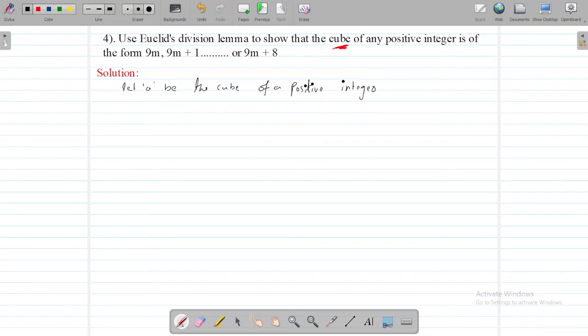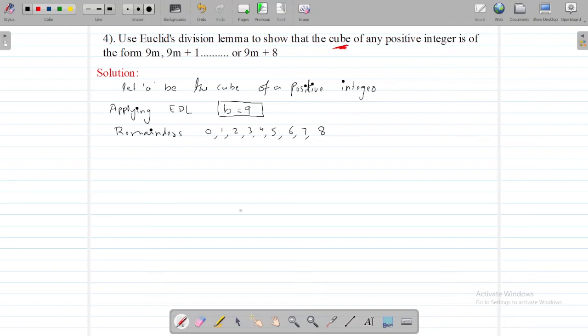So here, now applying Euclid's division lemma. As you know, b is 9 here. The value of b is 9. So obviously, I will be having the remainders as 0, 1, 2, 3, 4, 5, 6, 7 and 8.